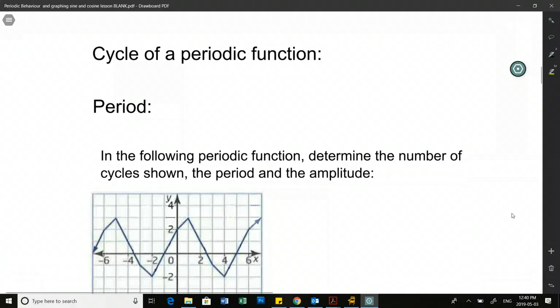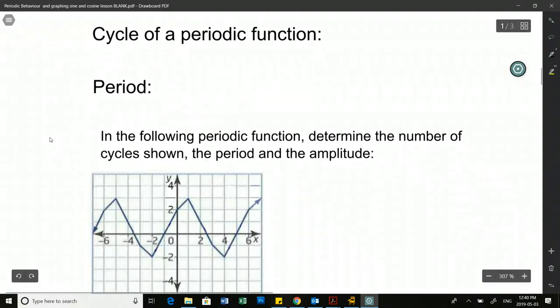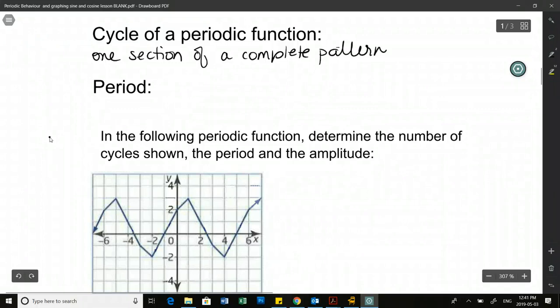Cycle of a periodic function and then period. So a cycle is essentially one section of your pattern before it begins repeating again. That's kind of the simplest way that I could explain it. So one section of a complete pattern before it begins repeating again.